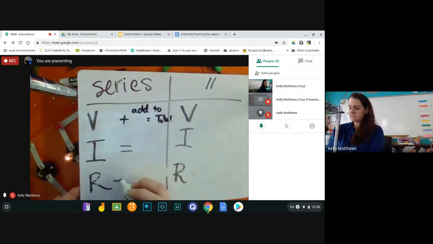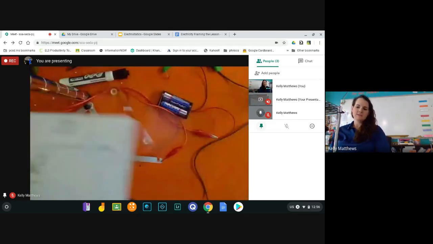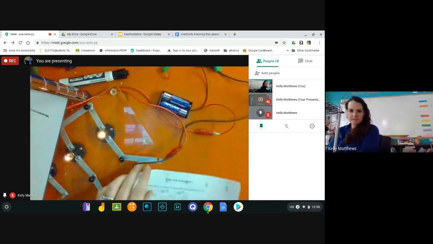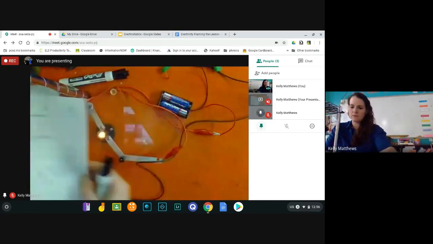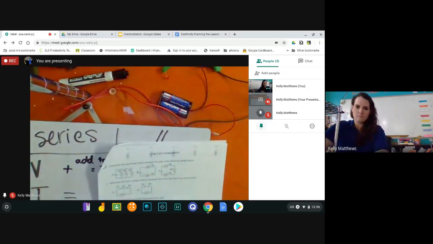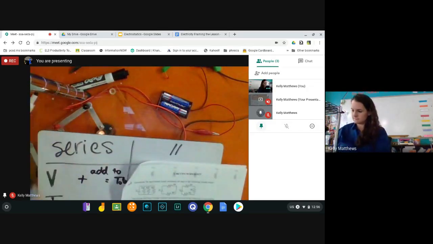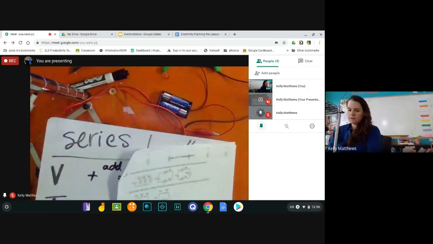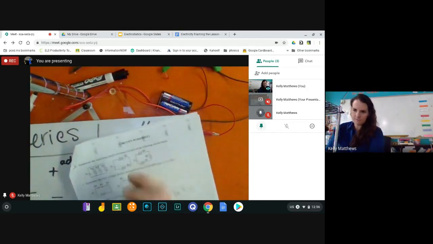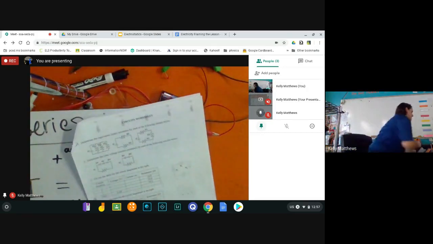And the resistances have to add to equal the total. Okay? And so one problem with this that you will have, so looking here at part B, I'm going to turn the lights back on so maybe we can see better.